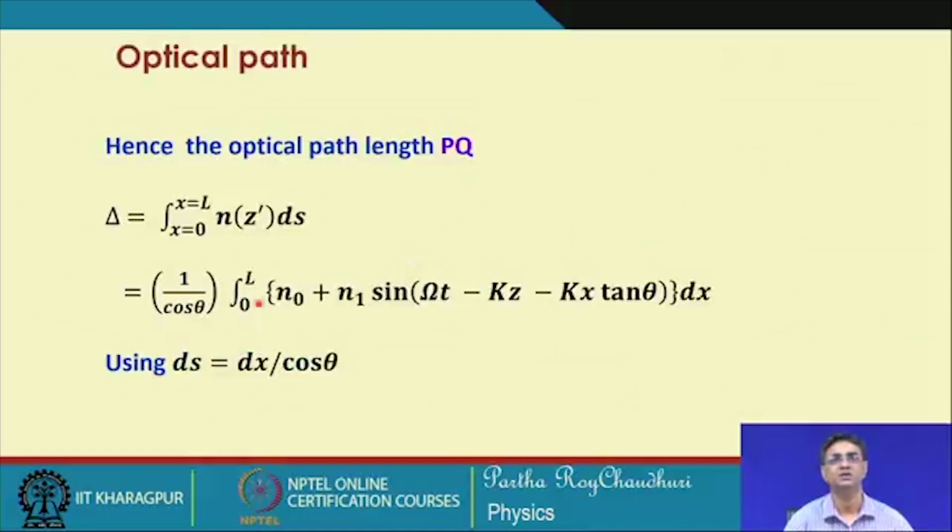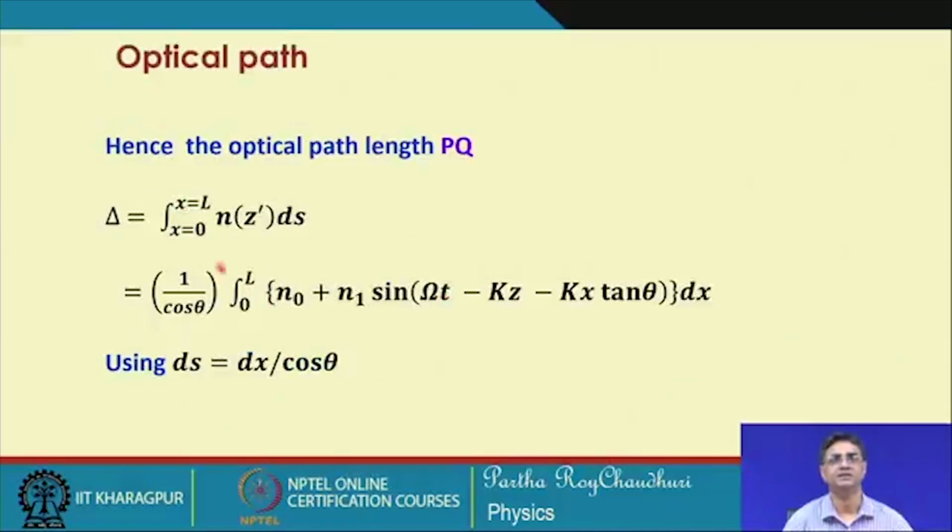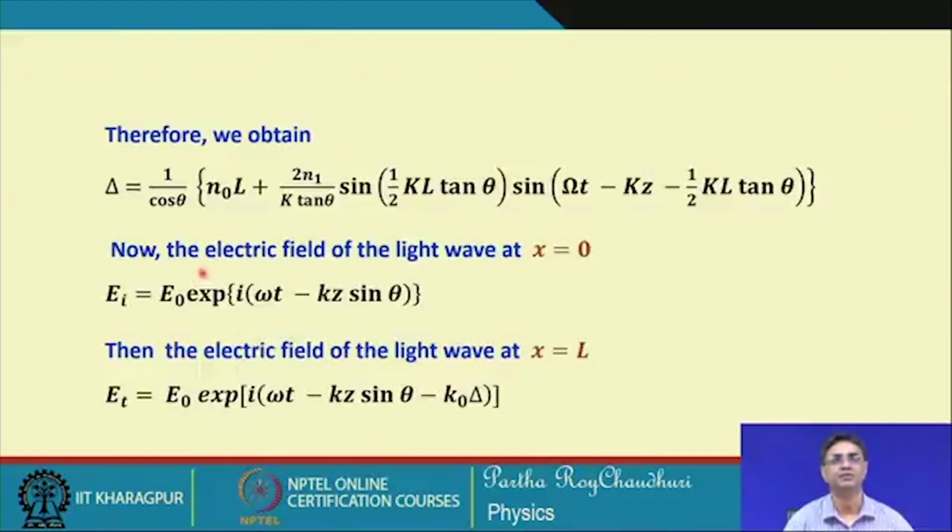So if I use this, I can write in this form, x is the variable, cosine theta has come out, in place of ds I have used this. So I get this delta value, that is the change in the phase, not exactly phase, this change in delta n into this, you have to multiply by k0 also to get the phase change.